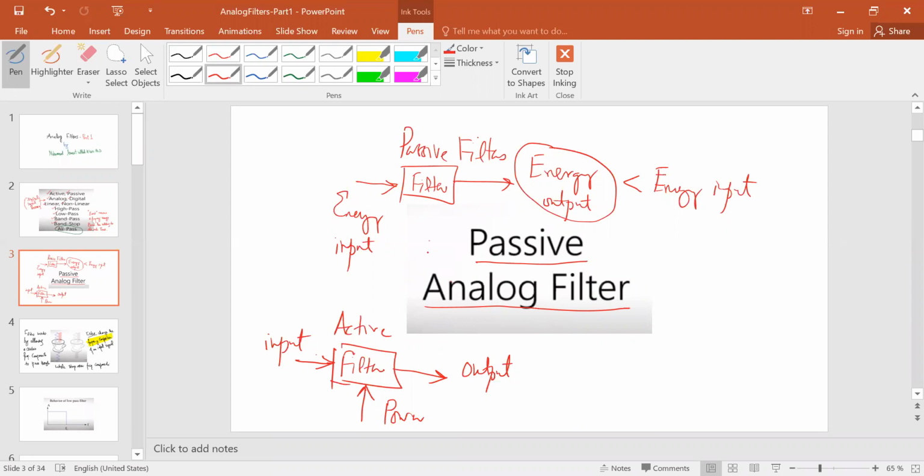So for the time being, let's concentrate more on those passive filters. Let's look into this passive analog filter. No power source, and we are trying to do the filtering.